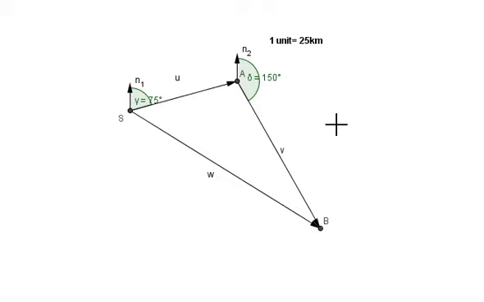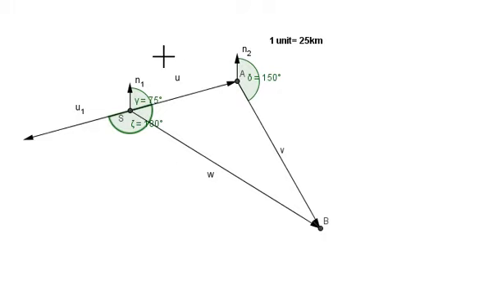Now first let's notice the bearing of the opposite direction. Here u is 75 degrees, which is delta, and if we add 180 degrees, we'll get the bearing of the opposite direction. So delta plus 180 degrees gives me the bearing of the opposite direction.